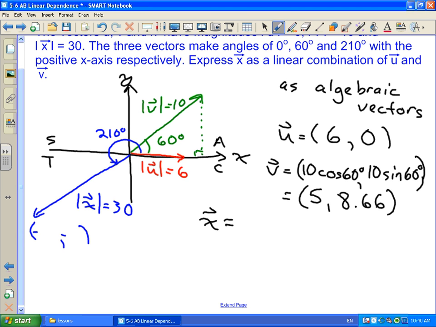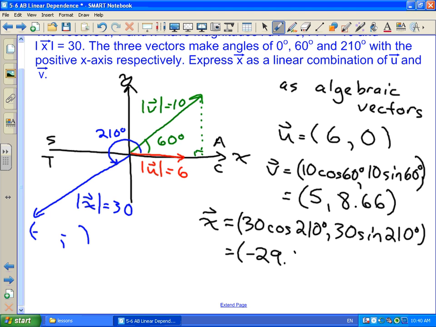So our x component of vector x is going to be 30 cos 210, and our y component is going to be 30 sine 210. Because in quadrant 3, both sine and cos are negative, that automatically makes those two components negative. So we punch this in, and we get negative 25.98 and negative 15.